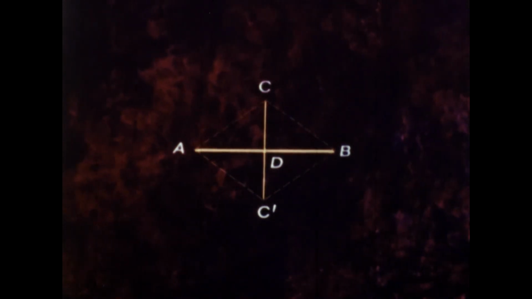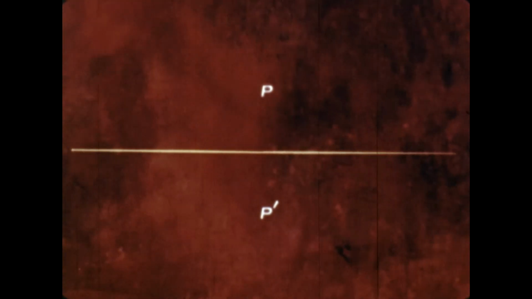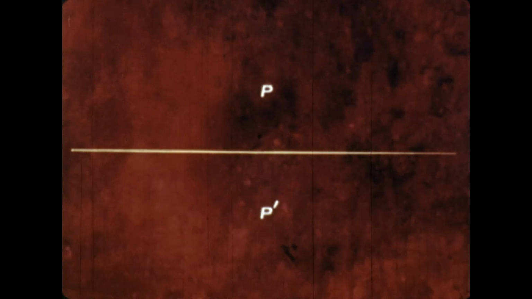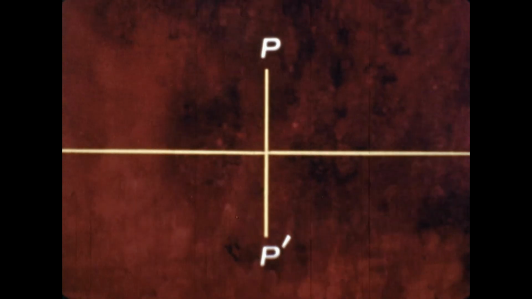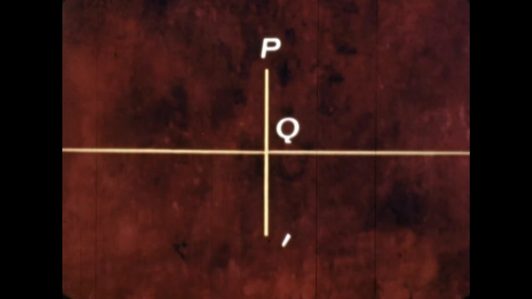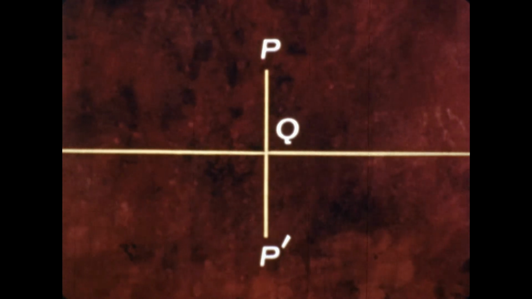This type of rigid motion is called a reflection, and consists of the reflection of a plane about a line. In general, a reflection takes any point P on one side of the line into a point P prime on the other side, such that PP prime is perpendicular to the line, and segments PQ and P prime Q have equal lengths.